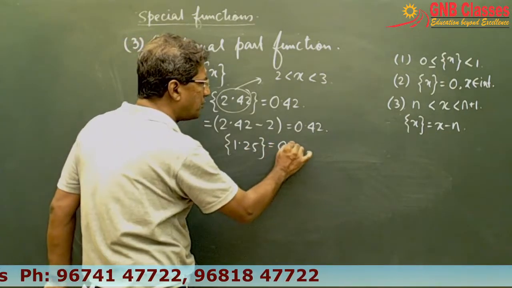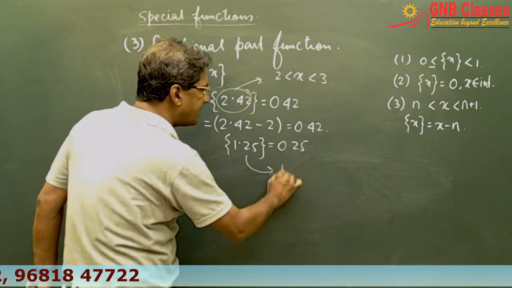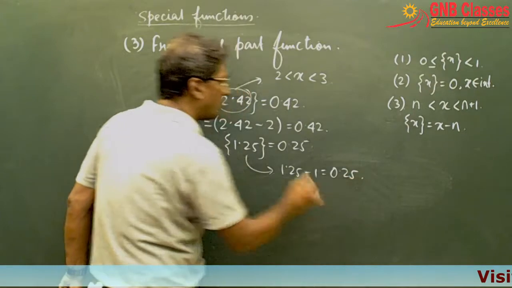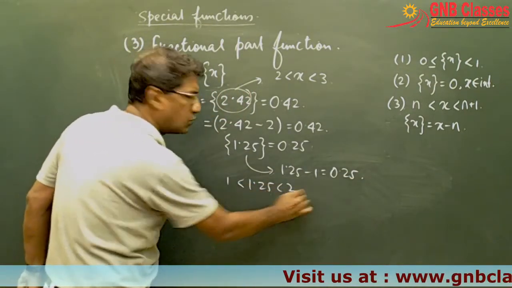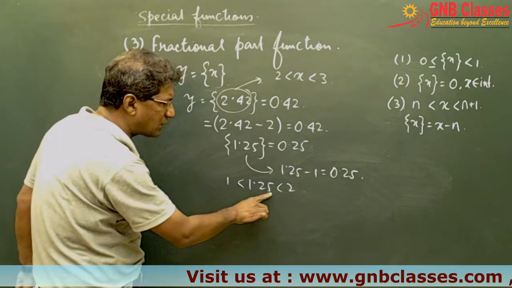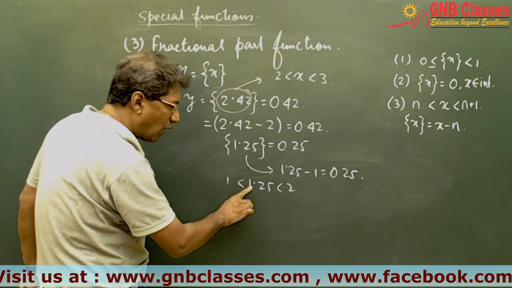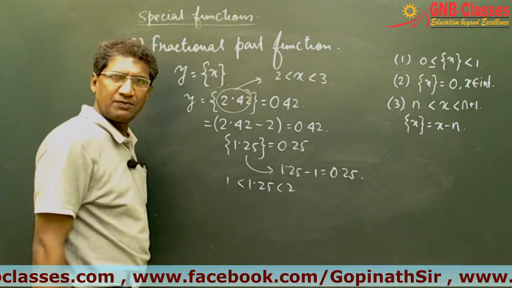Obviously the answer will be 0.25. But think in a different way. This can be written as 1.25 minus 1. The answer is again 0.25. Why is it so? Because 1.25 lies between 1 and 2. Therefore, the fractional part of 1.25 is nothing but 1.25 minus 1. That's exactly what I have written there. Is it clear to all of you?